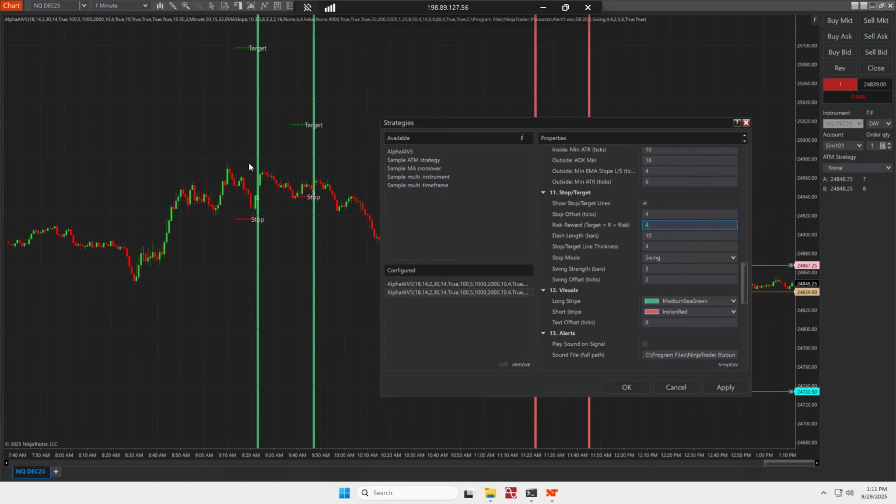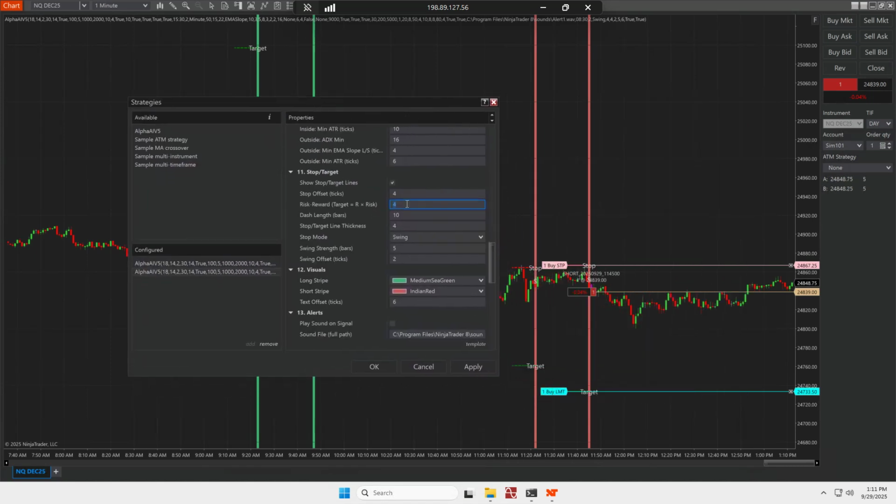The system will calculate how many ticks you risk, and by changing this, it will add a target. In this template, it's a 4-times risk reward, which is huge, which means each tick we risk is multiplied by 4. So if we risk 100 ticks, the target will be 400 ticks, right?